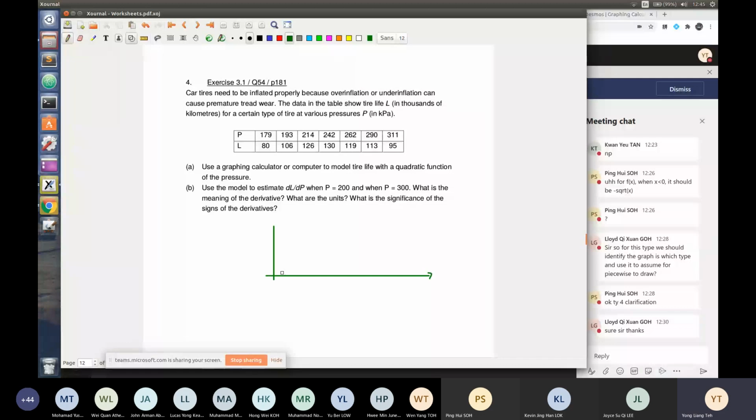So let's say this is starting from 179, and it goes all the way to 311. This is my tire pressure P in kilopascals, and this is the life of my tire in thousands of kilometers.